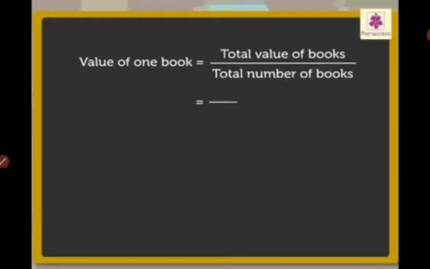So we divide 80 by 8 to get the cost of one book. We know 10 into 8 is equal to 80, so we write 10 as the quotient. Now write 80 below the dividend.